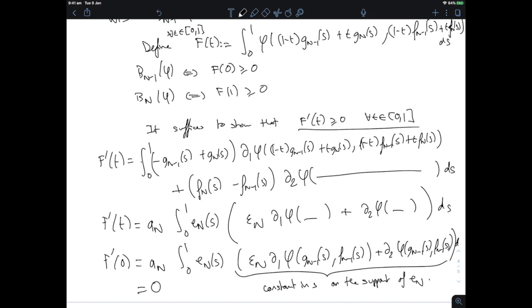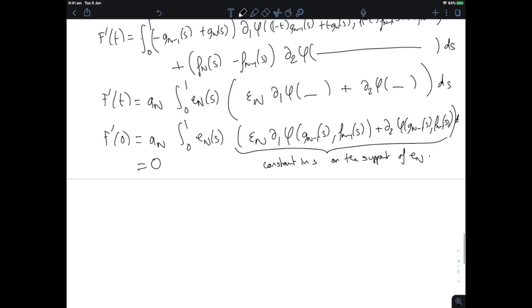That's what I get from the information that I have at t equals 0, that is to say at n minus 1. And then I want to go from capital N minus 1 to capital N. So, all right, now I have f prime of t at 0, it's equal to 0. I'd like it to stay non-negative. One way to do that, looks like we're going nowhere with this, but in fact we are going somewhere. One way to guarantee that would be to guarantee that the second derivative of f is non-negative.